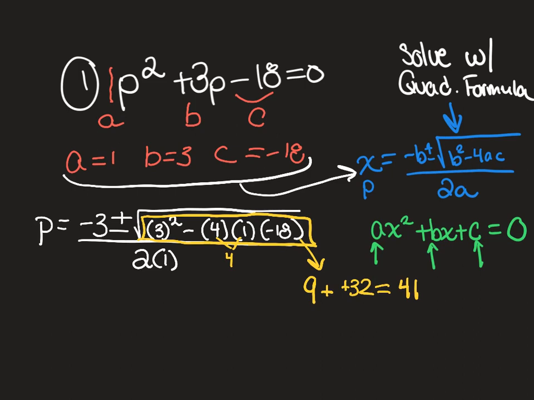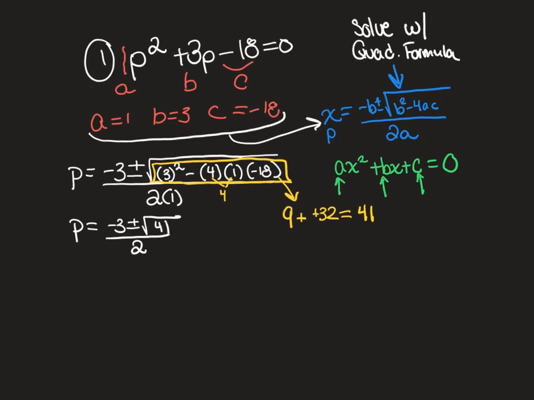So let's keep simplifying. So now I have p equals the negative 3 plus or minus square root of that 41 all over 2 times 1 on the bottom is 2. Square root 41 doesn't have a pretty square root, so you can type them in your calculator and get the decimal versions. I'm going to make everything a little bit smaller real quick.